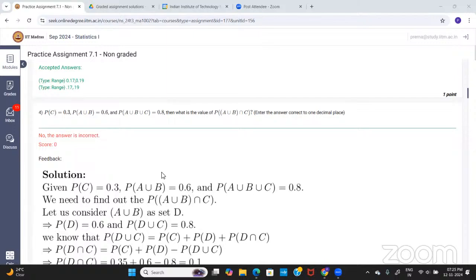Is D. So P of D is P of C is 0.9 minus 0.8. Yeah. And is 0.1. Ma'am, is 0.1 the answer?